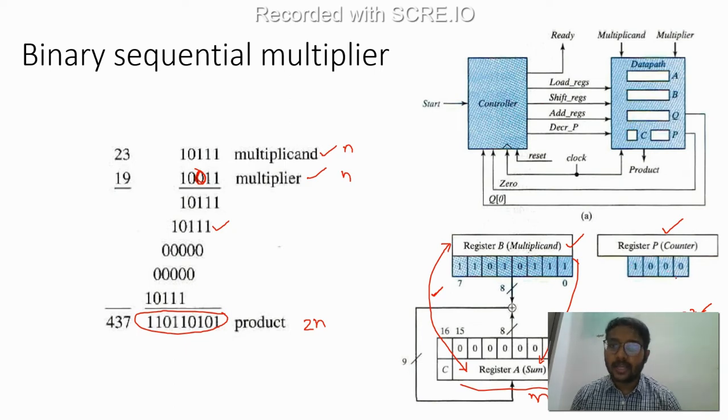That many times it should check Q of 0, whether Q of 0 is 1 or 0, and accordingly just add or just shift. This is the only thing that has to be done. For this, in the last session we already looked at the block diagram. I hope it is clear till this point. It is just successive addition and shifting.